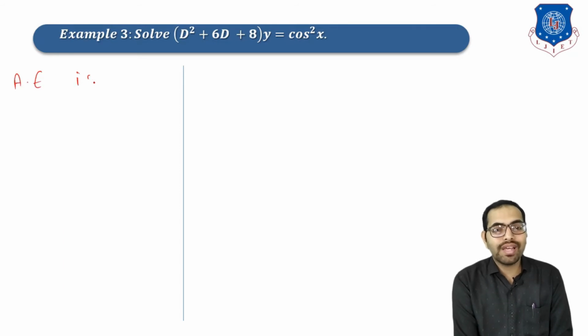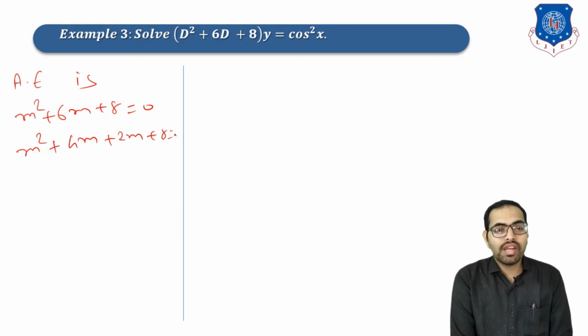Firstly our auxiliary equation is m² + 6m + 8 = 0. Now when we factorize that term, then 4 times 2 is 8, so m² + 4m + 2m + 8 = 0. The first and second terms have m common, then m + 4, the third and fourth terms have 2 common, then m + 4 = 0.